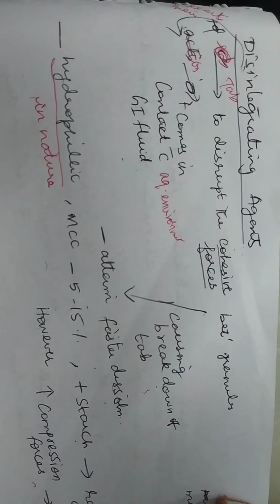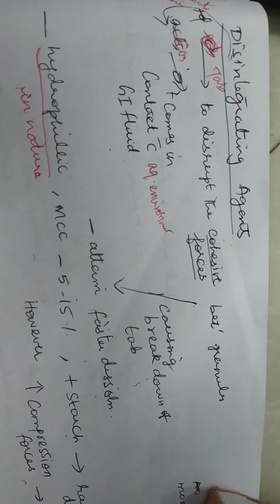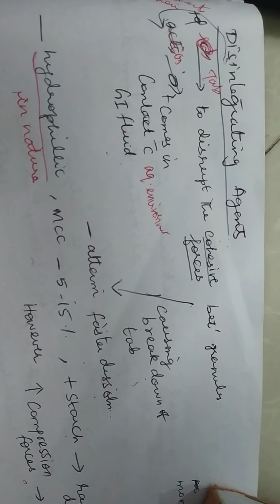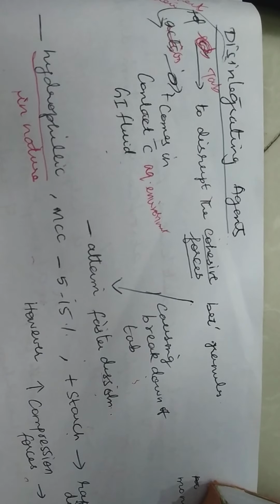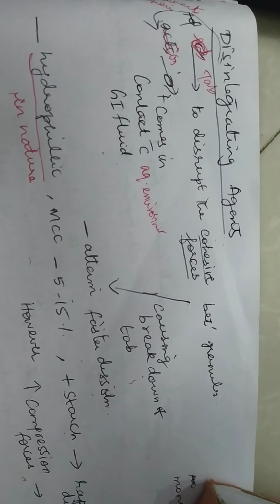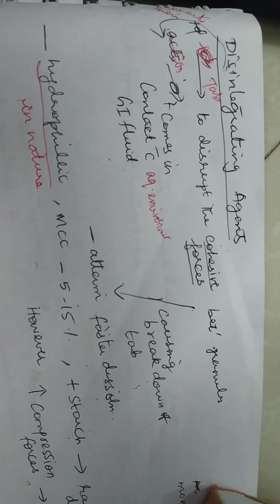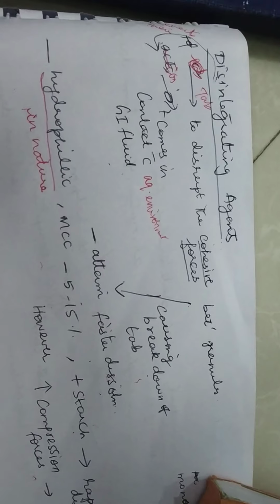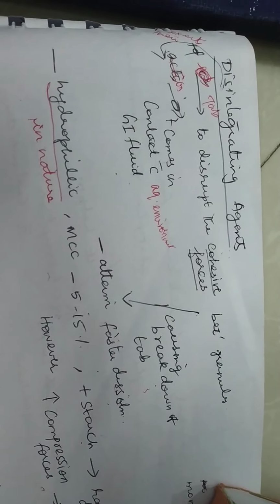The next excipient is the disintegrating agent. Disintegrating agents are added to the tablet to disrupt the cohesive force between the granules. Binding agents are added to increase the cohesive bonding, whereas disintegrating agents are added to break, that is, disrupt the cohesive force between the granules.